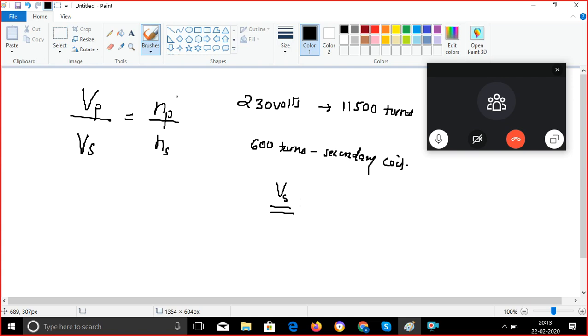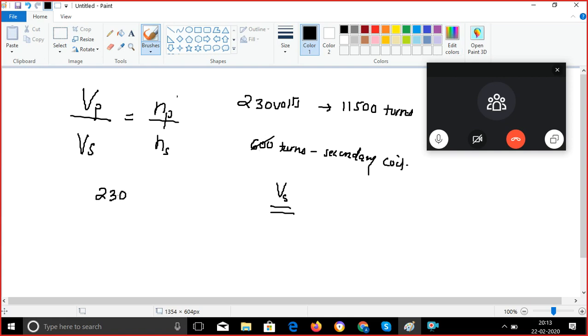So what's your voltage? My voltage is 0.083. Okay, see, in place of primary voltage, you have to write 230, right?